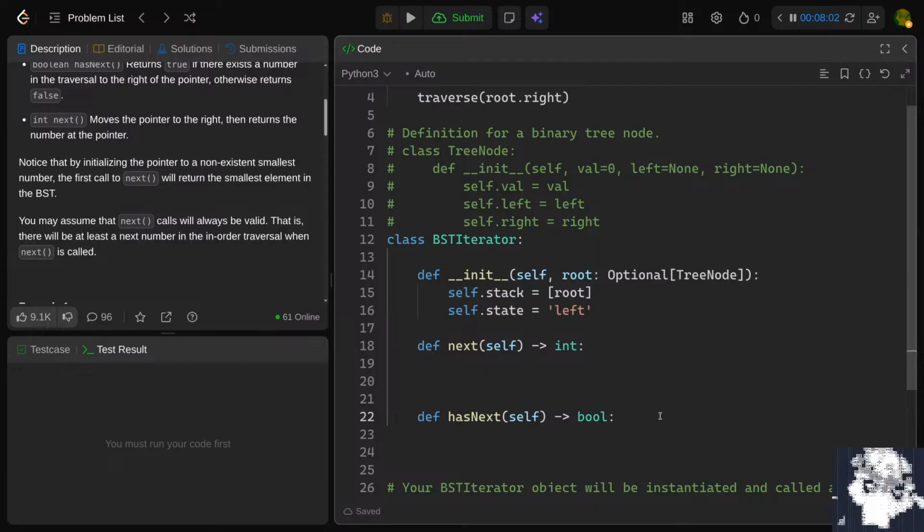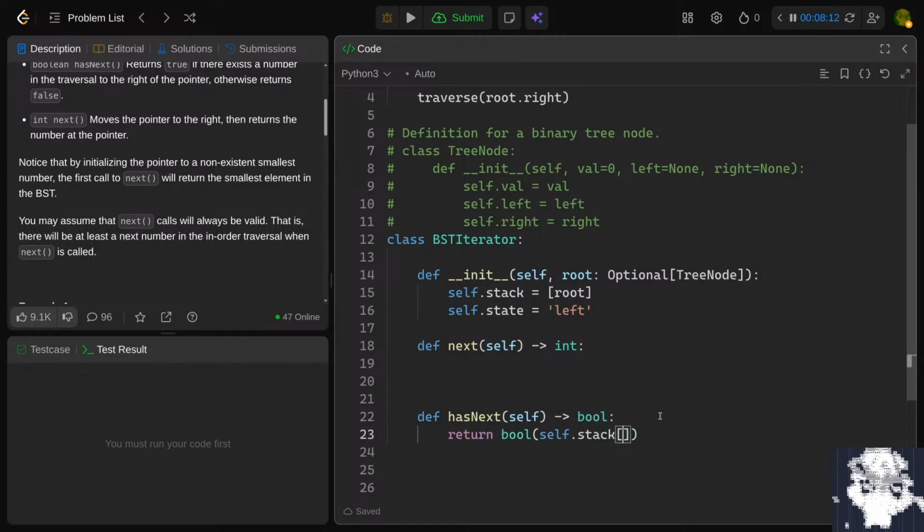It's just going to be return bool self.stack. If there's no stack anymore, then we're done.